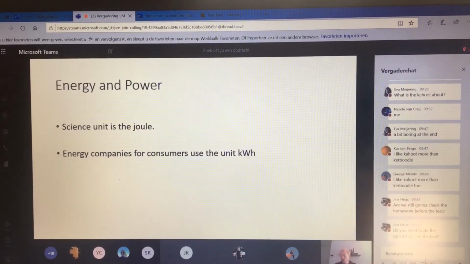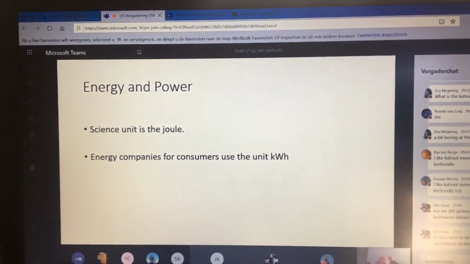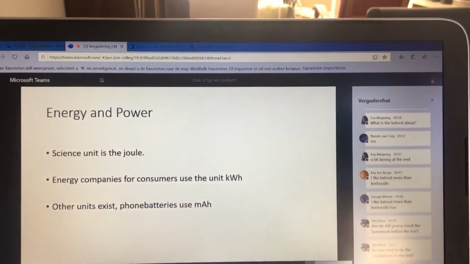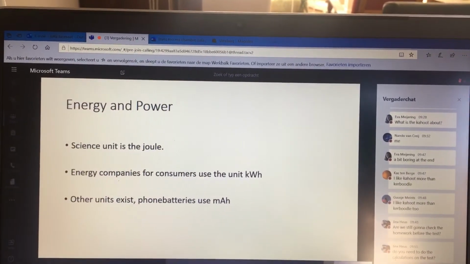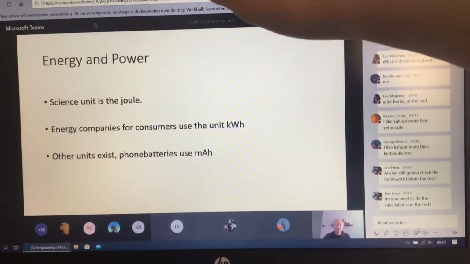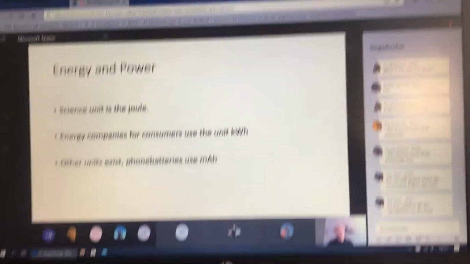The reason we use kilowatt hours is because energy companies for consumers use the unit kilowatt hour. And other units exist, like phone batteries. They use milliampere hour, which is yet another type of energy unit. Another energy unit would be the calorie.